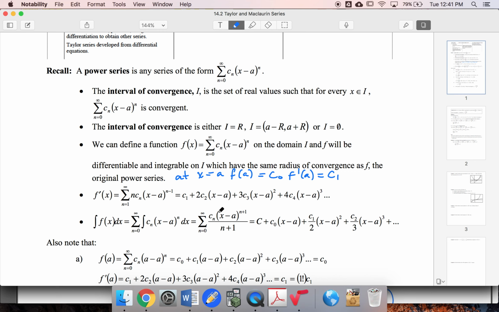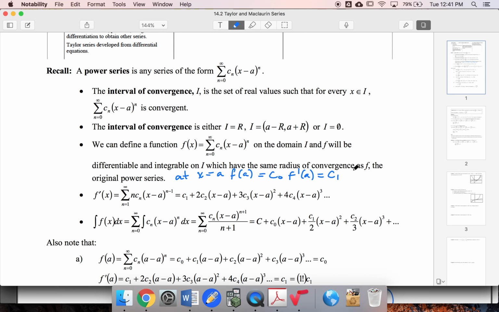If I take the second derivative, I'm going to get 2c2. This will go away. This goes away. 6c3 times x minus a, 12c4 times x minus a squared. So the second derivative at a, everything else is going to go away, but I'll have just this term left.